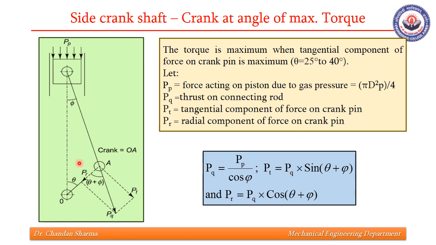So with the simple force analysis, we can find value of PQ, value of PT, which is tangential component, and value of PR. So now the state of forces will be a bit complex as compared to the case when there is only one force PP. Remaining forces, that is weight of flywheel and belt tensions, will be same.